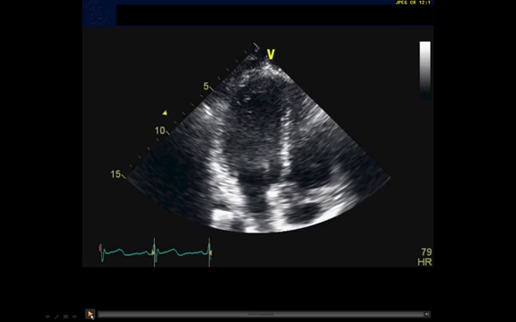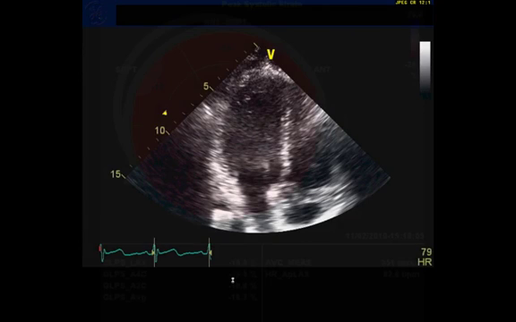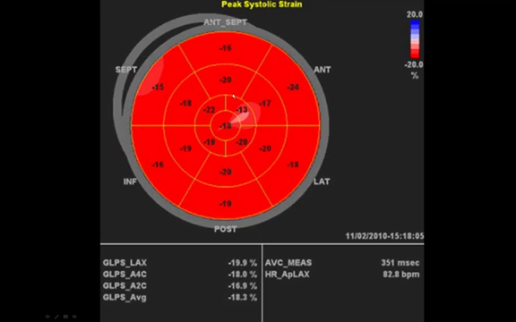The apical 3. But regardless, at that stage, having recently received a multikinase inhibitor, ejection fraction by volumetric measures was in the 40s. She had a MUGA of 42, but with strain at that same time, she had a pretty decent value, negative 18.3, and that was enough for me.